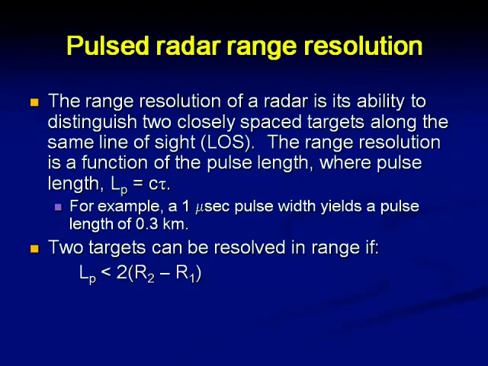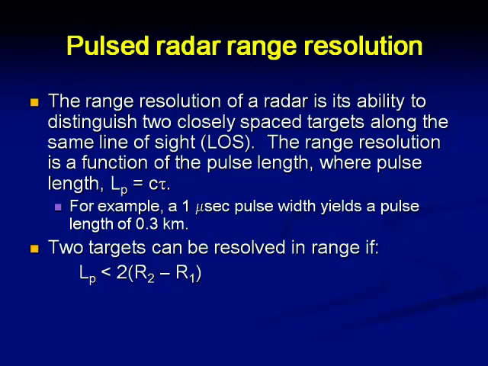Now we may get a doubt: suppose two targets are coming one next to each other, how do we distinguish them? Yes, we can distinguish two successive radar targets by a term called pulsed radar range resolution. This signifies its ability to distinguish two closely spaced targets along the same line of sight, and this is a function of the pulse length, and the relationship is as shown.